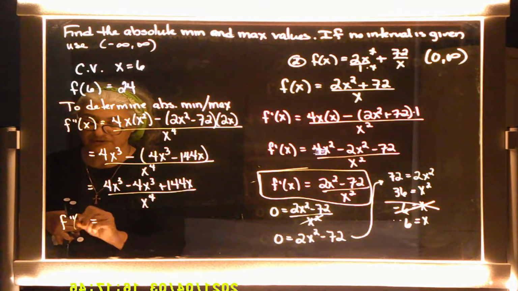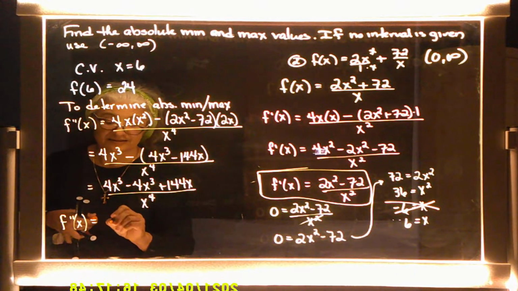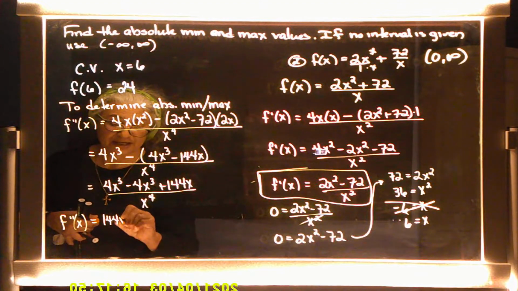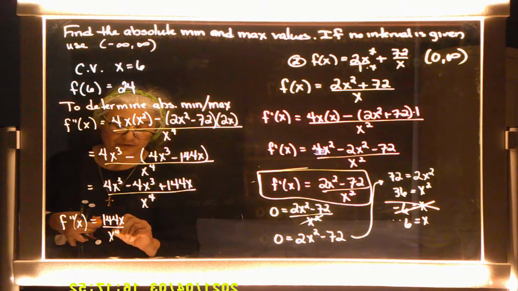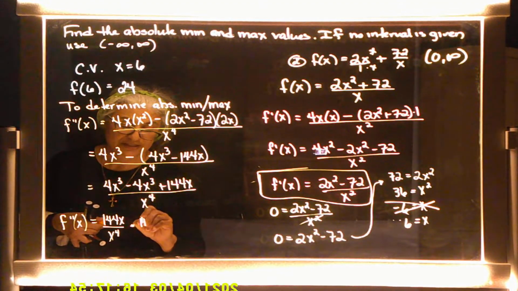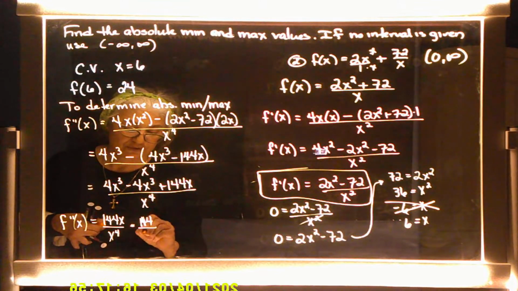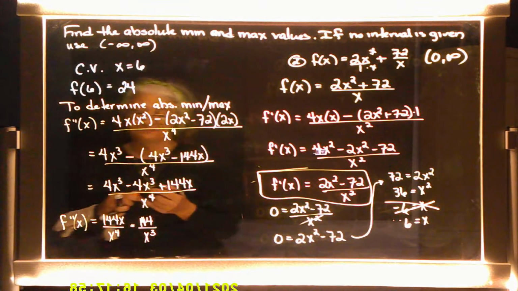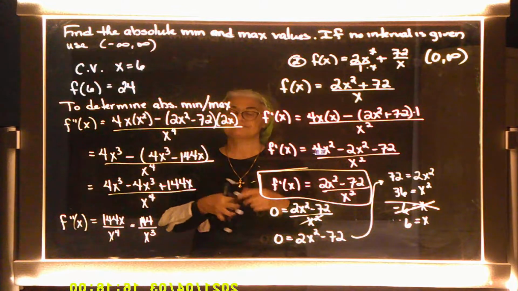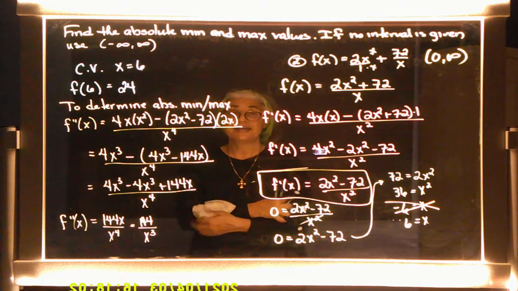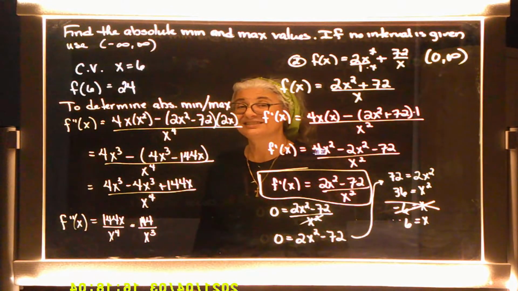So, second derivative is 144x over x to the fourth, which can still be simplified to 144 over x cubed. Agreed? Lovely. And now, are we done?